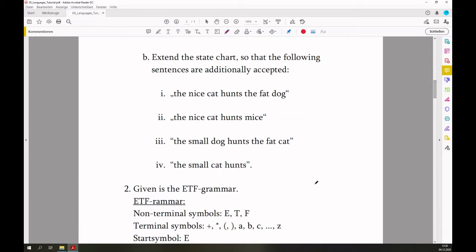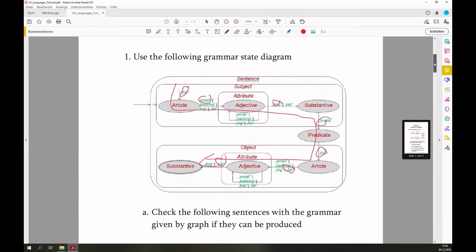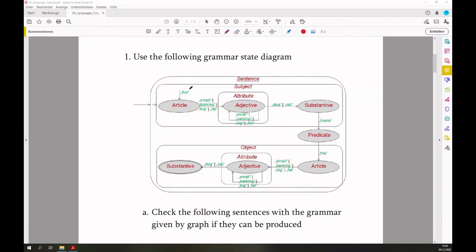Okay, and then let's go to the last sentence: the small cat hunts, which is in principle already what we explained for the first task. The small cat hunts means the small cat hunts. So there are again two possibilities. We can create an additional end node here, or we just make an end node here.